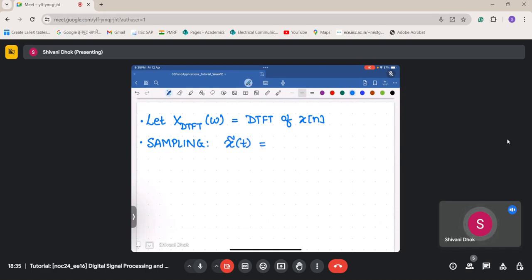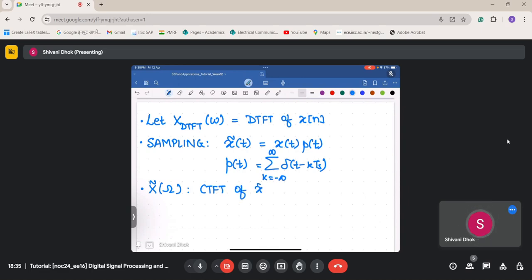We are looking at ideal sampling, so that will be x t multiplied by p t, where p of t is the train of impulse, which is given as summation k running from minus infinity to infinity delta t minus k ts, and therefore this will give me some x tilde t. Now x tilde of omega, let this be the ctft, or continuous time Fourier transform, of x tilde t.